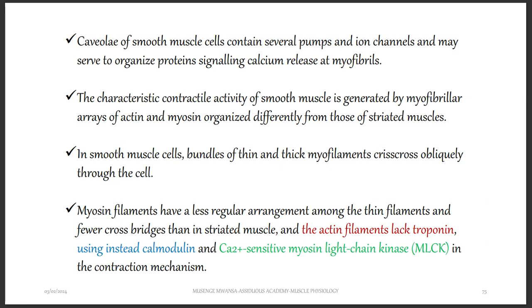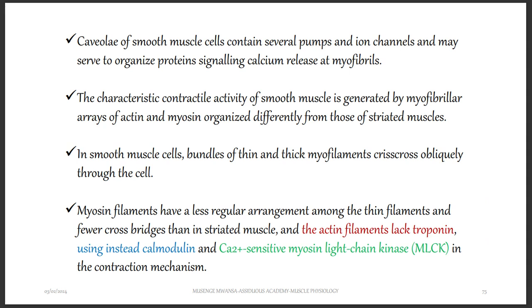Myosin filaments have a less regular arrangement among the thin filaments, different from skeletal and cardiac muscles. The actin filaments also don't have troponin. Instead of troponin, they have calmodulin.